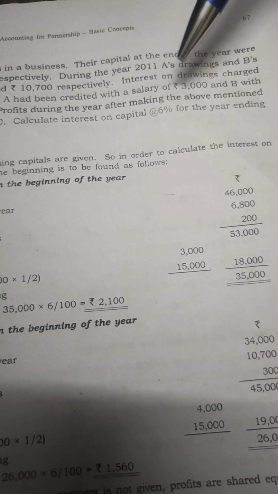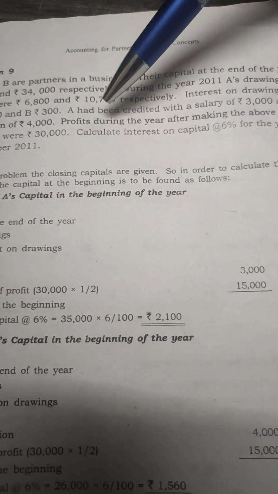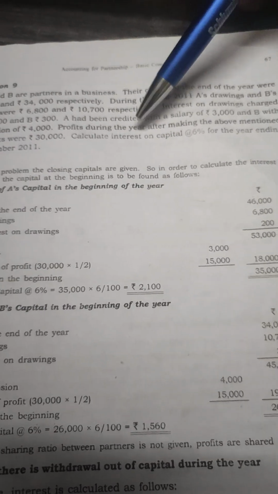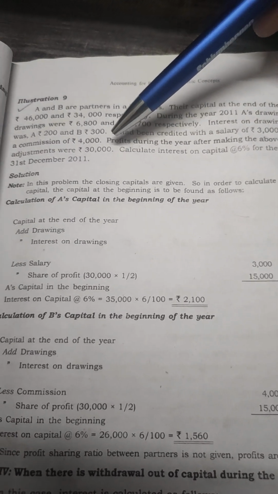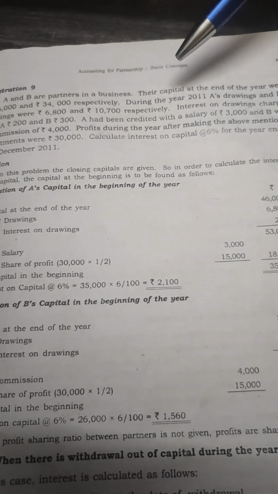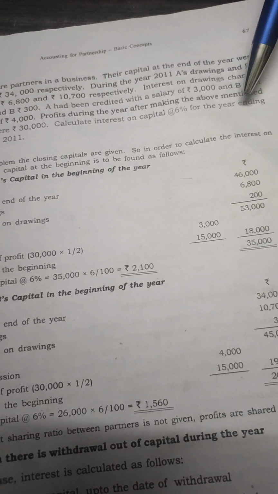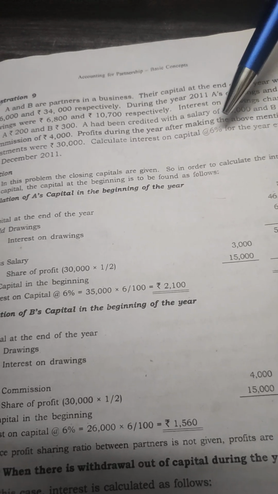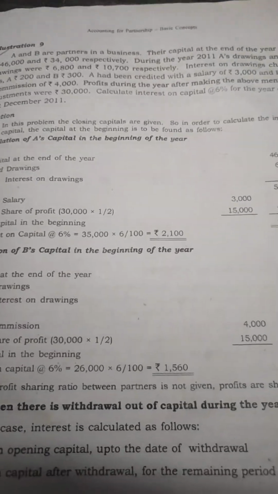A has a salary of 3,000, and B has a commission of 4,000. Profits of the year after making asset adjustments are given as 30,000. We have to calculate the interest on capital at the rate of 6% for the year ending 31st December 2011.